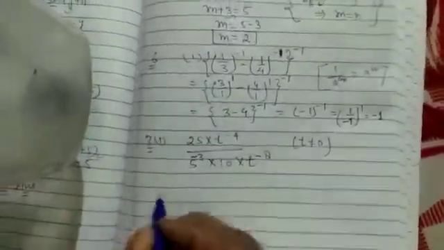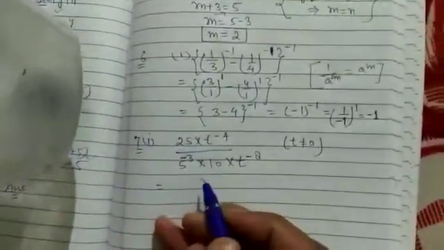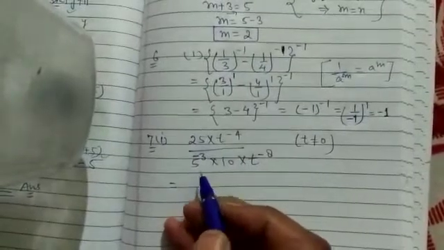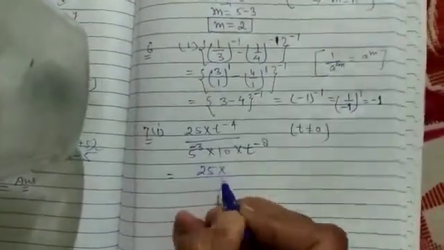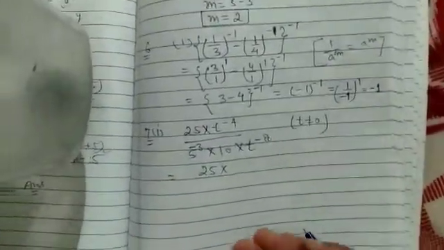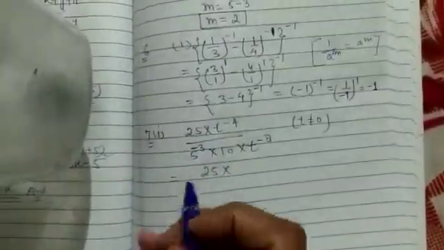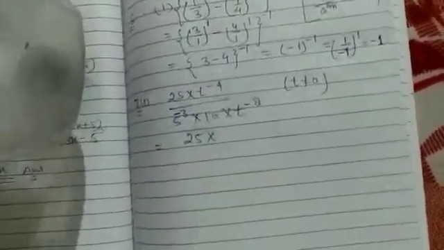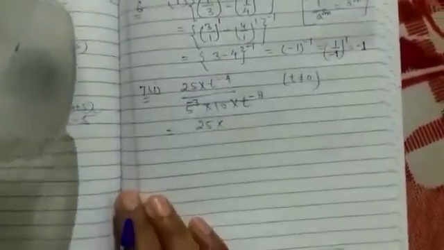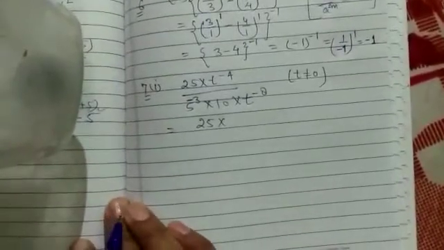First of all we have to try to make the negative powers positive, so it will be 25 into, wherever we have negative powers we change their sides, meaning if they are in the denominator we take them to the numerator, so the sign of the powers will be changed.